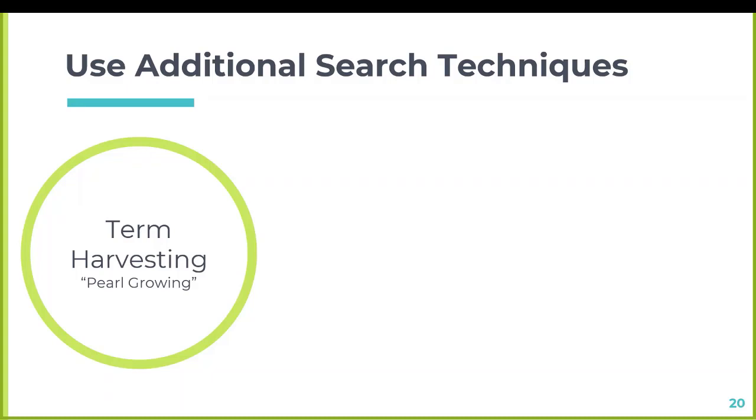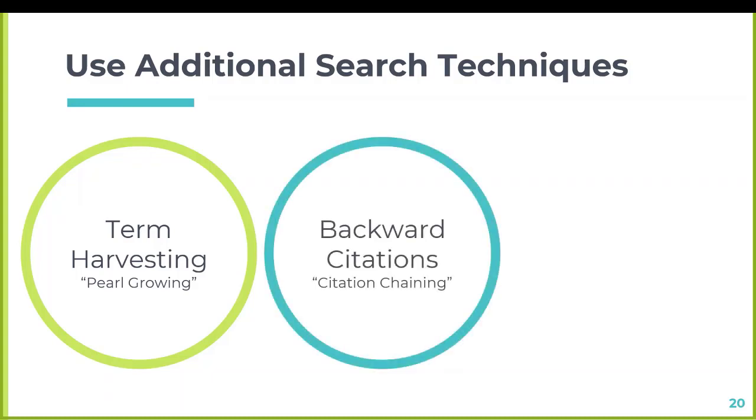And the next slide will show an example of this, so you can see where each one is located on the article. Next up is backward citations, sometimes referred to as citation chaining. This is reviewing the list of references that your relevant article has cited.